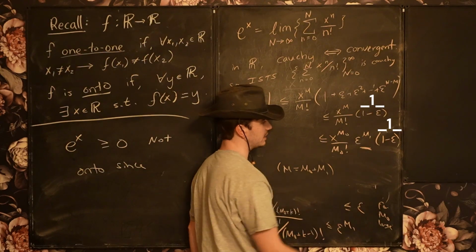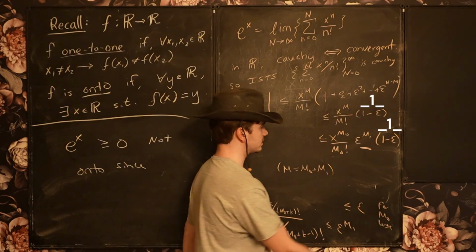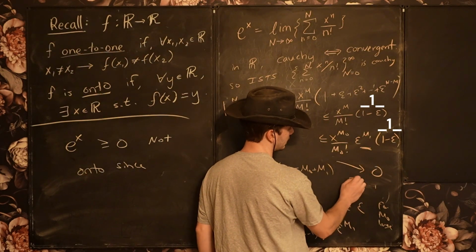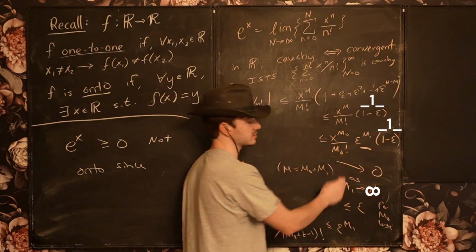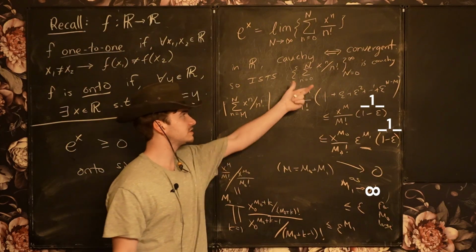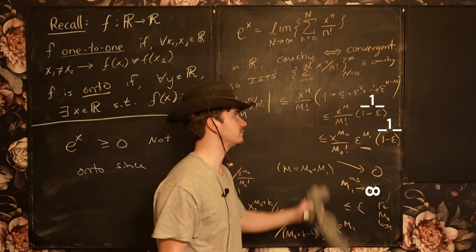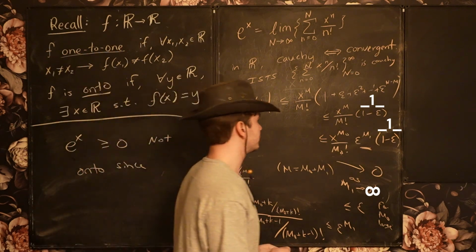Sending m1 to infinity sends this expression to 0 because epsilon is less than 1. And so this expression goes to 0 as m1 goes to infinity. Note that m naught is a constant. So this proves that this sequence is Cauchy and therefore convergent for arbitrary x in the real numbers, which proves that e to the x is well defined.